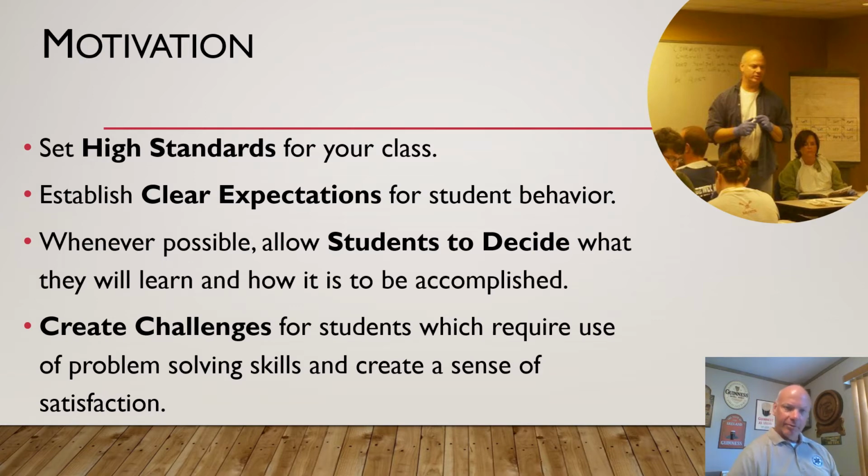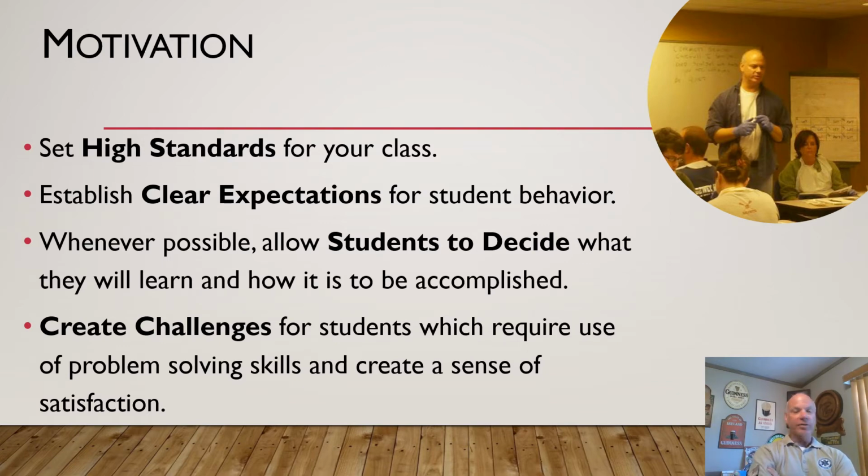First of all, when I think of motivation, I like to set high standards for a class. You can do that for a small CEU class too. Establish those clear expectations so they know where they're supposed to be. So when you put them into groups, you say, this is the way we as adult learners are supposed to act.